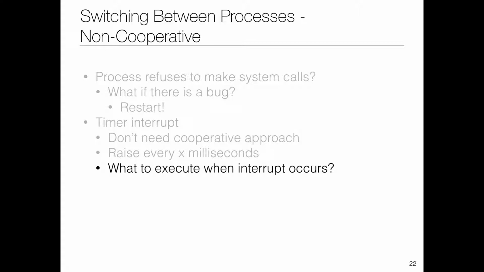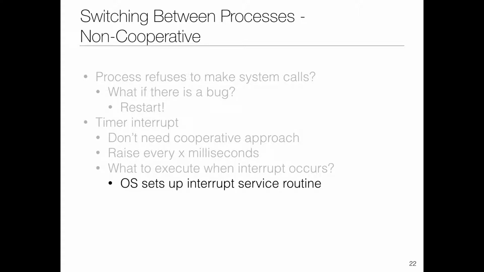So trap and interrupt are similar in concept, slightly different. Trap is for system calls and exceptions like divide by zero, whereas interrupts are asynchronous events. In this case, it's synchronous, like it's periodic. But interrupts would happen when I press a key or whenever there is some data on the network.